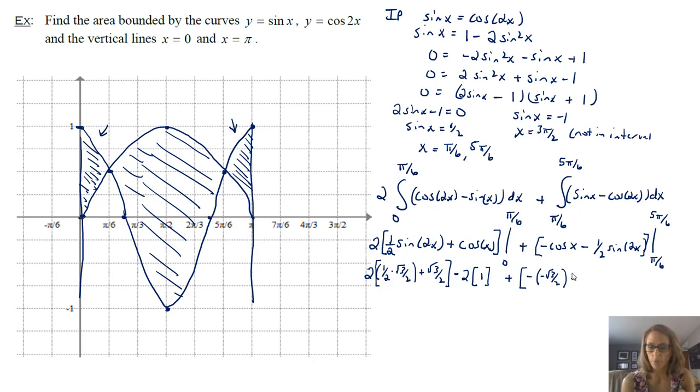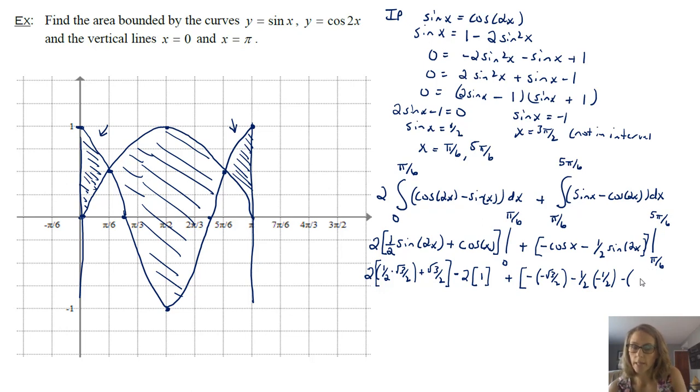So 5 pi over 3 is going to put me into the fourth quadrant, and so that should be a positive 1/2. No, that would be a negative 1/2 if I'm in the fourth quadrant for sine.